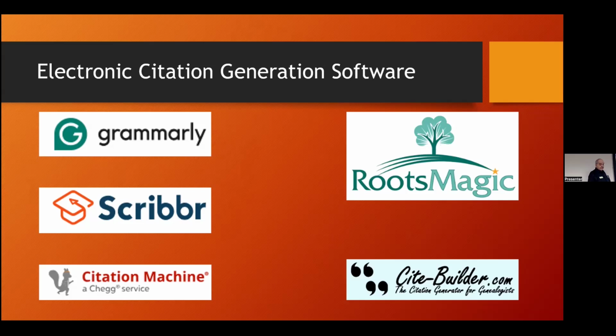But I like this one the best. Sitebuilder.com. I like it the best because, one, it costs the least. Now, the reason I like it is that being a professional genealogist, I also do reports, and it will build the source citation, the abbreviated source citation, and the bibliographical entry for you.